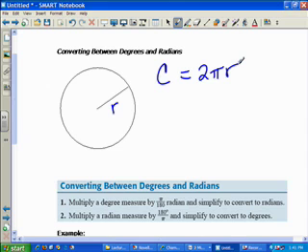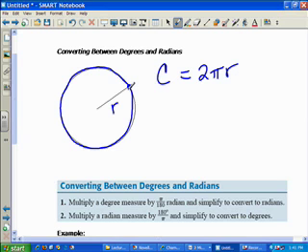360 degrees would be the whole way around the circle, right? So I want you to be thinking, hey, what about arc length? What's the arc length if I go the whole way around the circle? Would be the circumference.